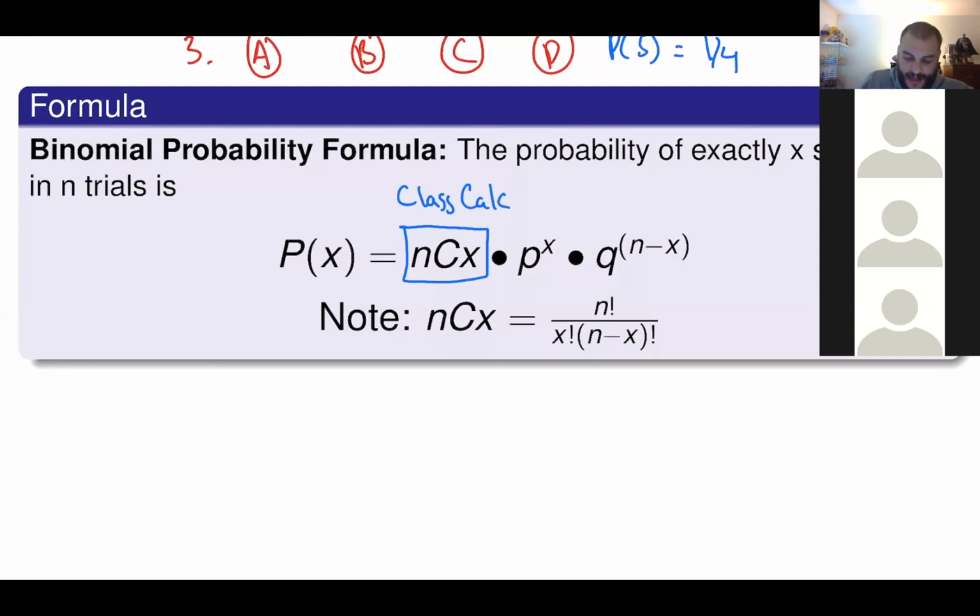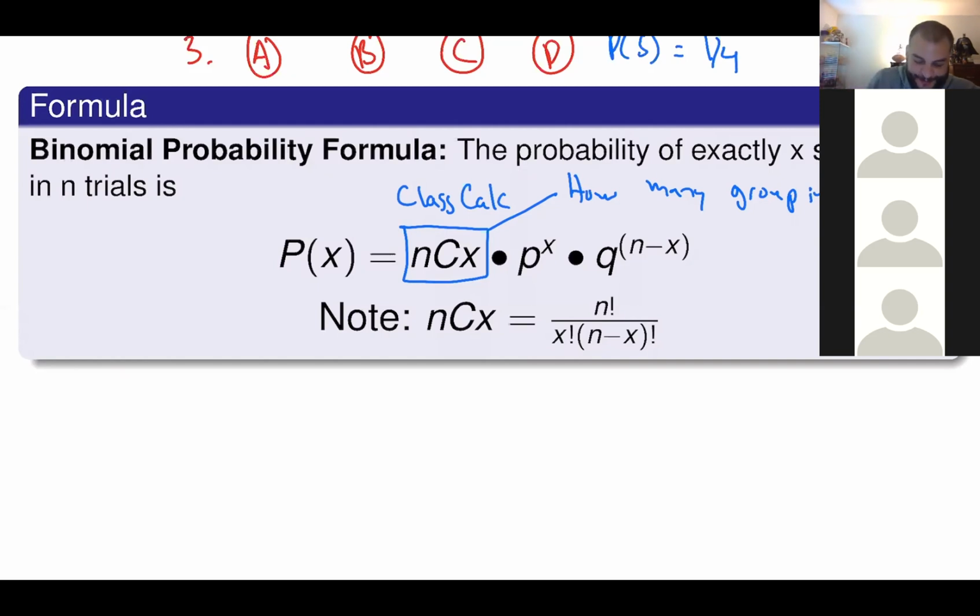So for nCx, it tells us how many groupings do we have. What this is going to tell us is how many different ways can we get x many successes. So let's go back to the one about the multiple choice quiz.